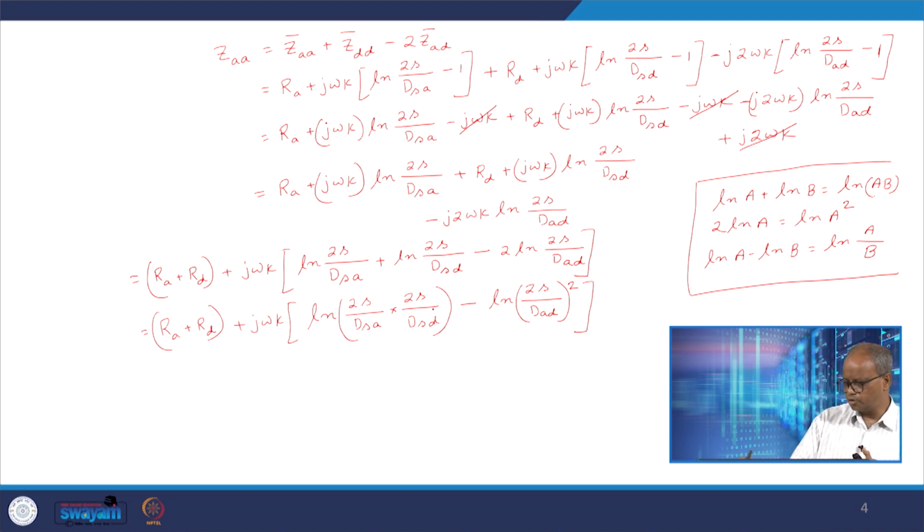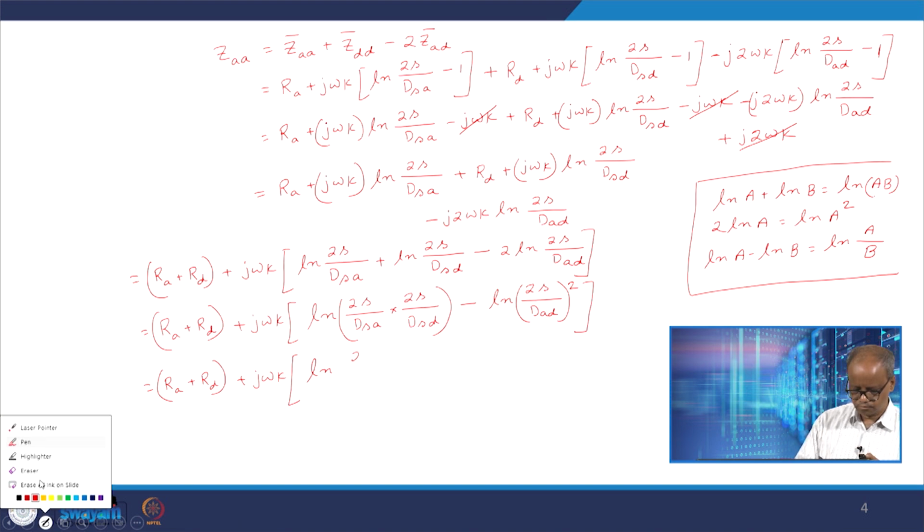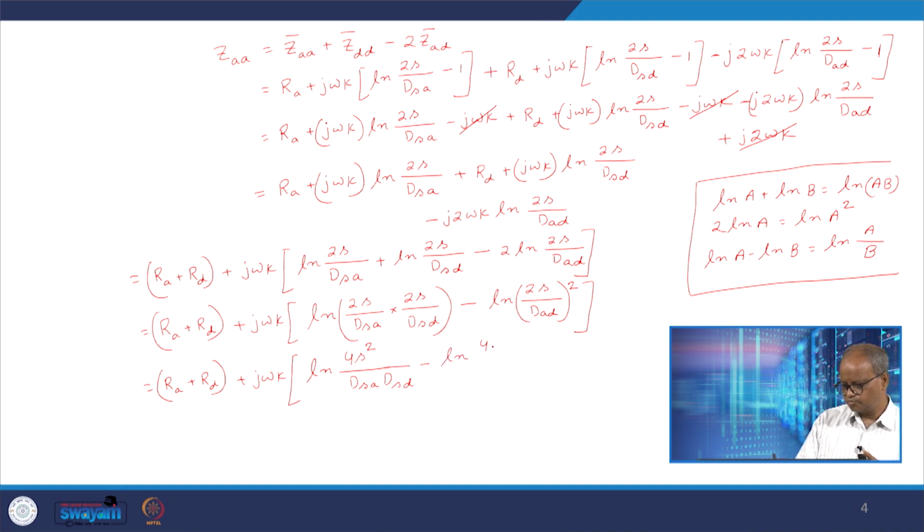So then, from this and this, what I get is RA plus RD plus j omega K log of, 2S into 2S is 4S square, so it is 4S square into DSA into DSD, minus log of 4S square by DAD square.